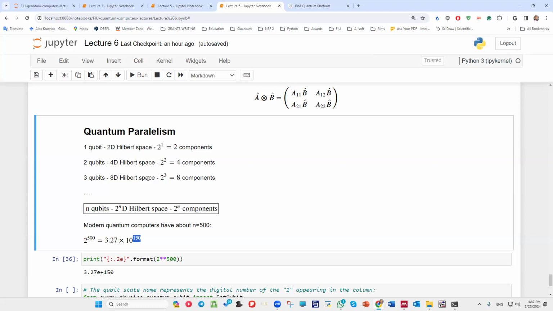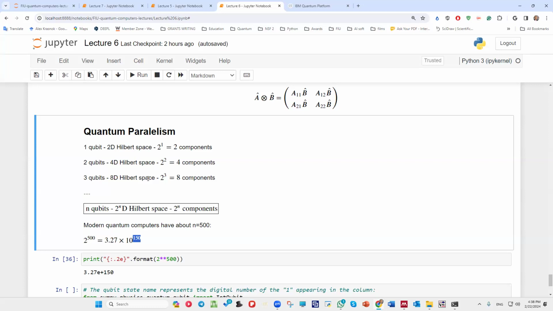But then you encode a quantum state in these qubits, and this quantum state will be represented by 10 to the power of 150 components, right? So you expanded the number of quantities in your system by this colossal number.